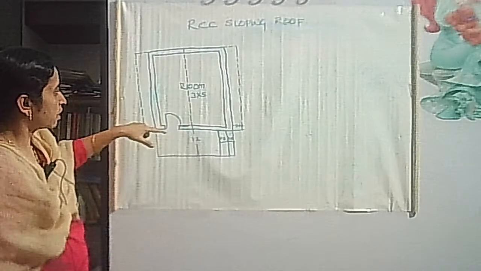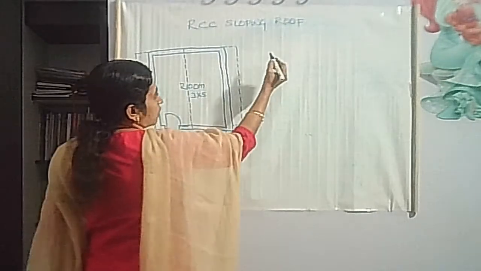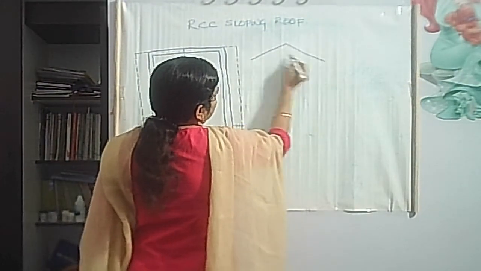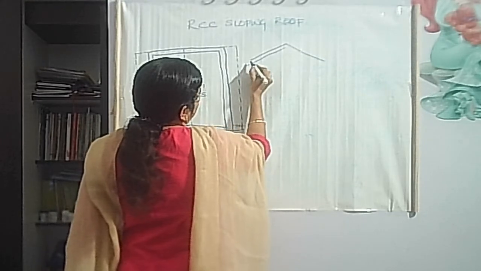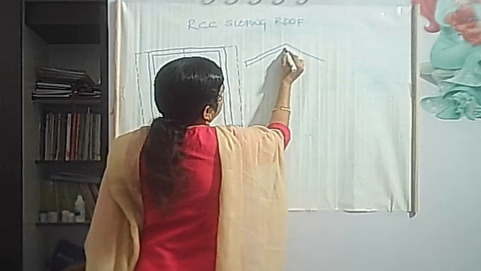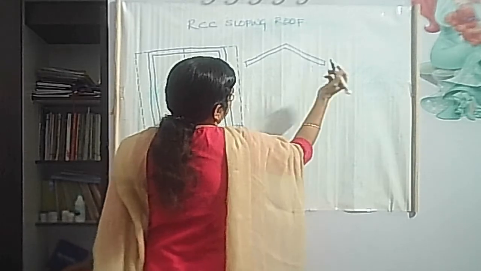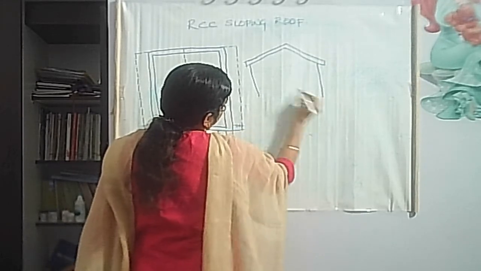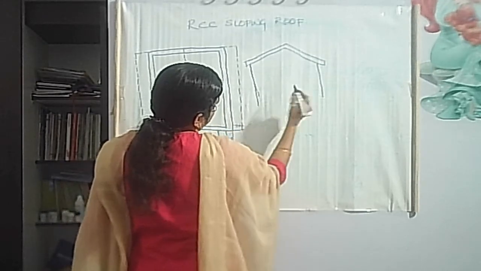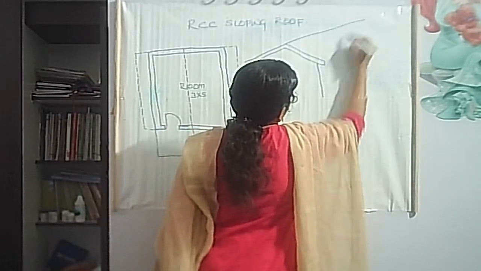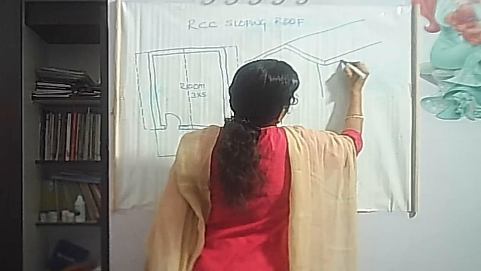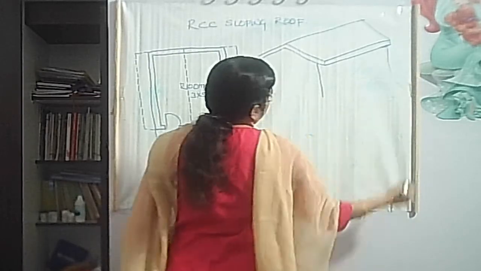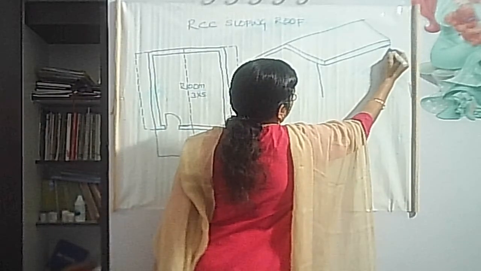If I just draw the roof here, I will show you the 3-dimensional view of the roof. So, you have the wall here, and the roof is like this.